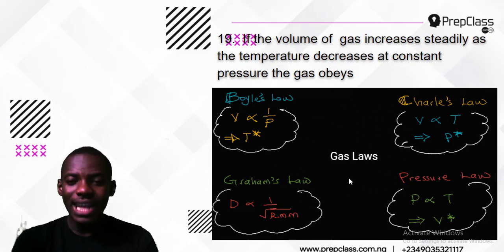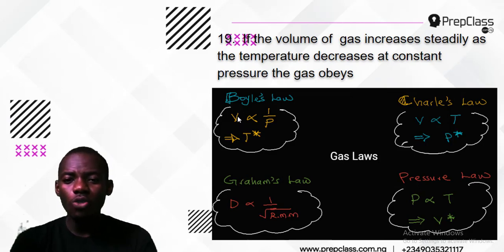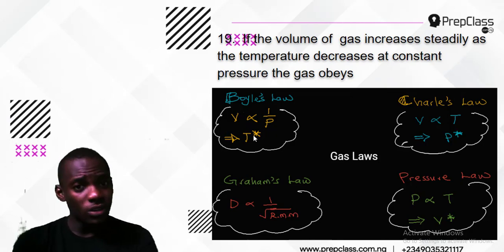Now Boyle's law says that volume is inversely proportional to pressure. I just use this diagram to summarize because I love to summarize things. Boyle's law in summary: volume is inversely proportional to pressure at constant temperature.